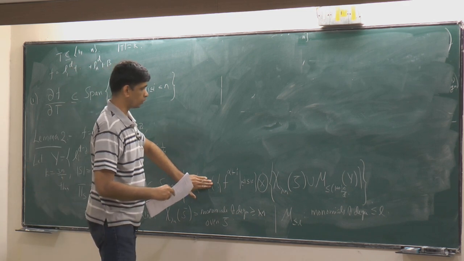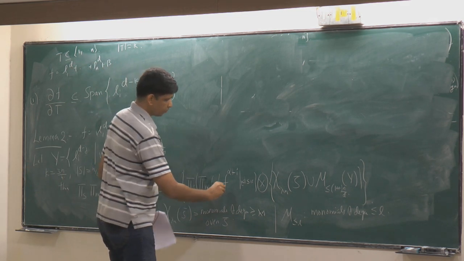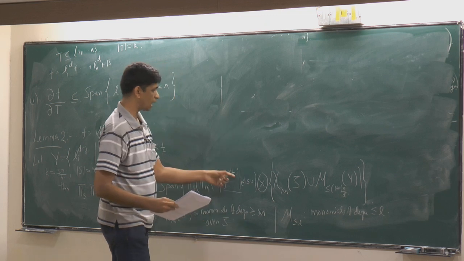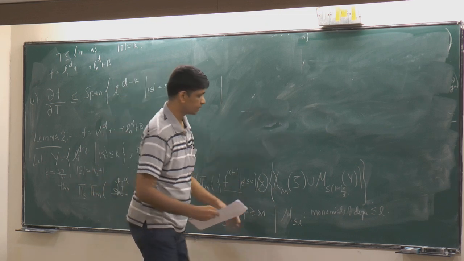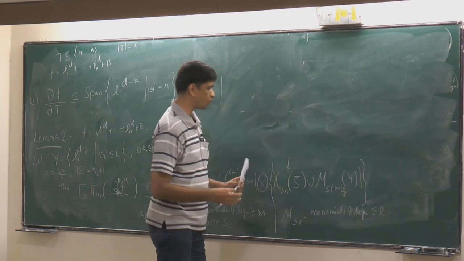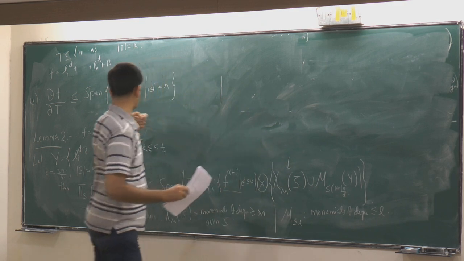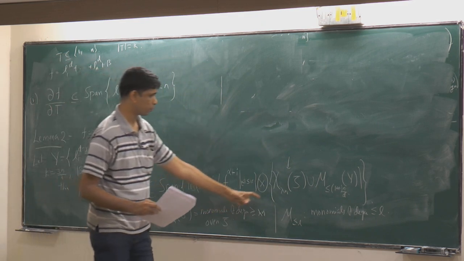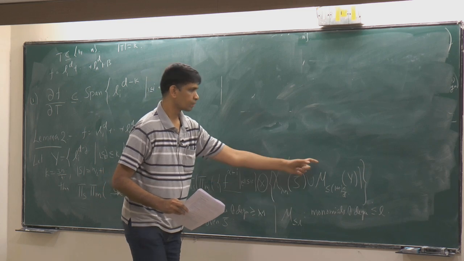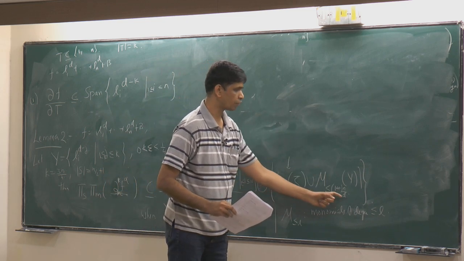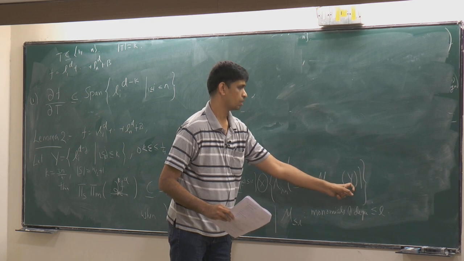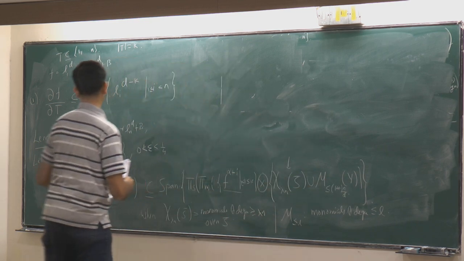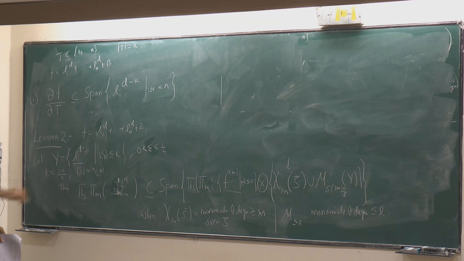It's just that the derivative space is spanned by products of polynomials of the form f to the alpha minus i with the set of all monomials in the variables which are not in S of degree at most lambda n, union with the set of all monomials in variables from the set y. Remember that y is just powers of the linear forms.